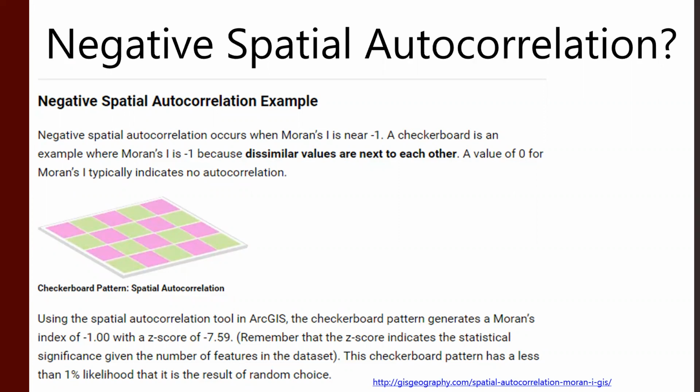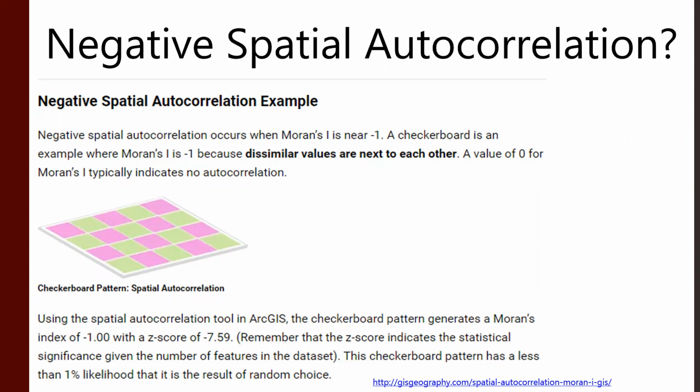We use the Moran's I, which is the tool underlying this, to calculate our autocorrelation, to build up a more rigorous understanding of how things are related spatially. Are they clustering in similar patterns? Are they clustering in dissimilar patterns?